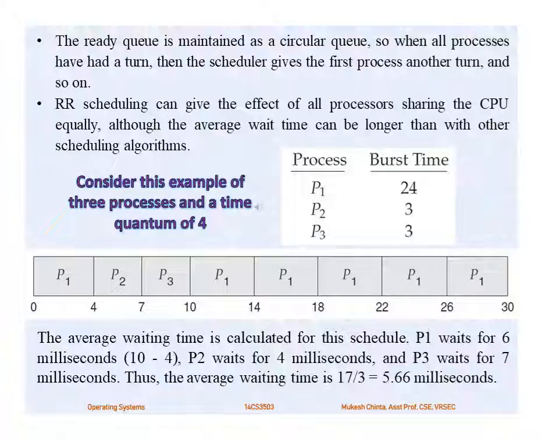RR scheduling can give the effect of all processes sharing the CPU equally, although the average wait time can be longer than with other scheduling algorithms.